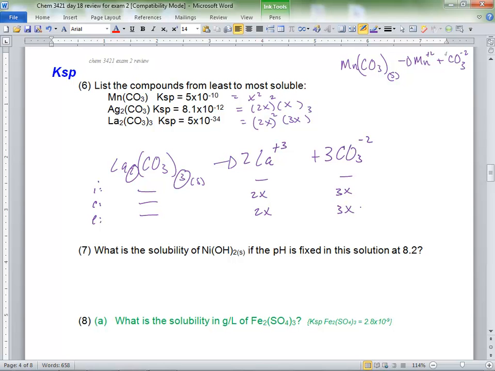So it'd be 3x quantity cubed, 2x quantity squared. Okay. And you've got to get x for all these and list them from least to most soluble.